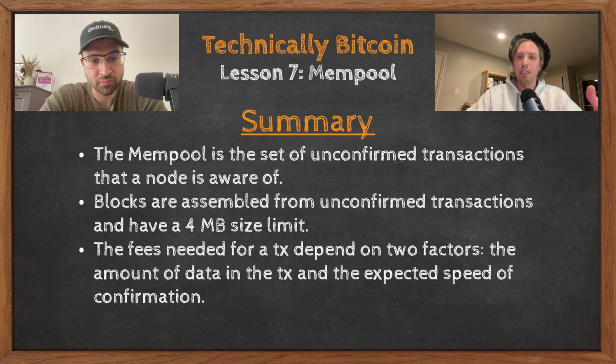And then obviously you have to pay more if you want to go faster. So if you want your transaction to be included in the next block, you're going to need to pay a little more. And so that really gives us a holistic view of how the mempool works, how transactions are broadcast around the network, and how you think about fees, both from a miner perspective and a user perspective.